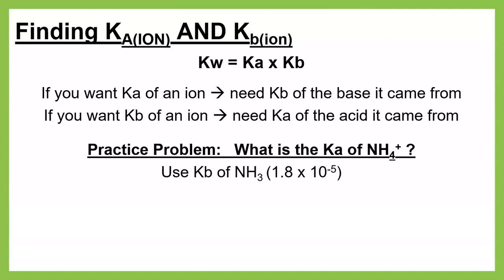They say, we don't know what the Ka is for that ion, but what I do know is that NH3 has a Kb of 1.8 times 10 to the minus 5.